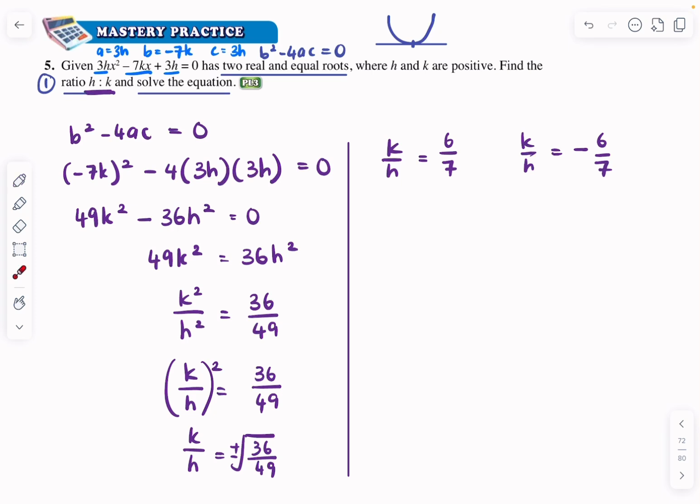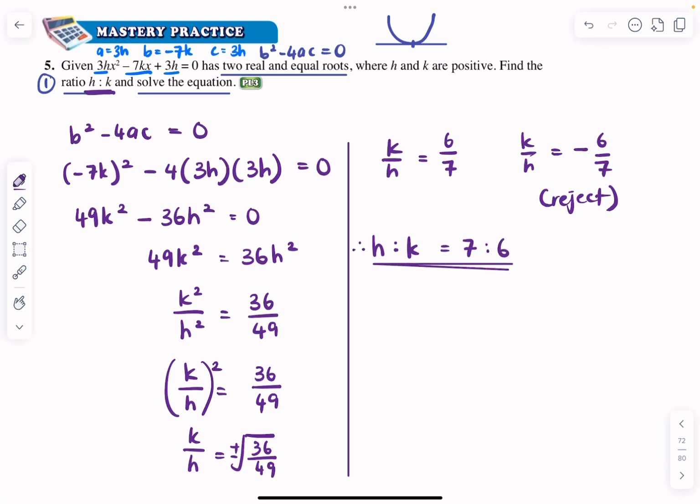But here they said h and k are positive. Therefore, this one must be rejected. K to h is 6 to 7. But here they are not asking k to h, they're asking h to k. So if k to h is 6 to 7, h to k would be 7 to 6.